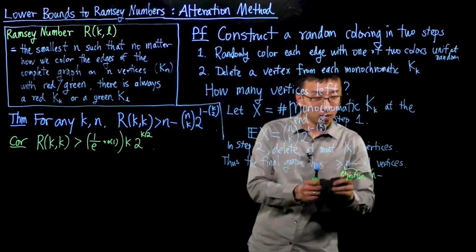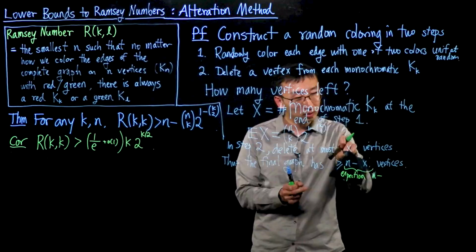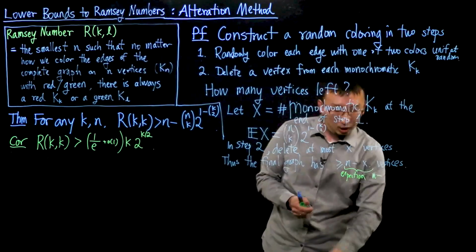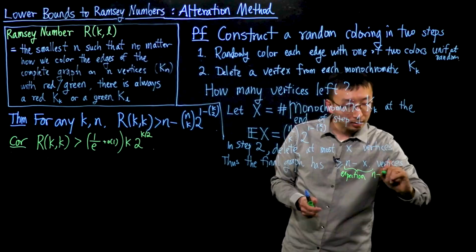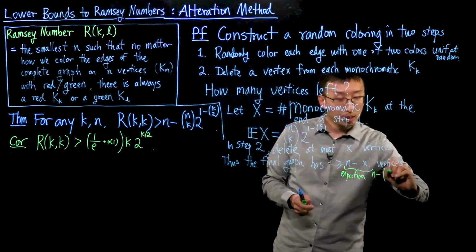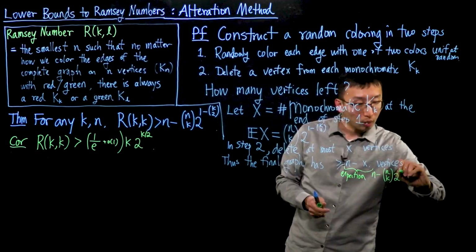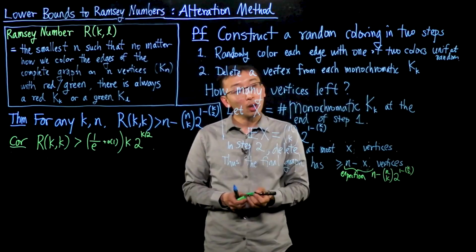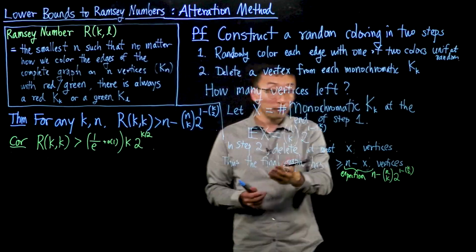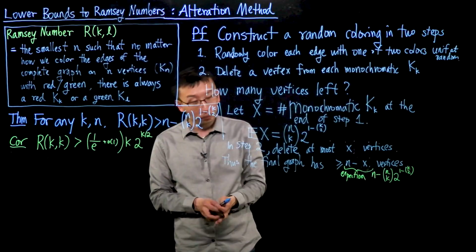Okay, so x is already a size, so we don't have to use the absolute value bars. So the expectation is n minus n choose k times 2 to the 1 minus k choose 2. Okay, so the final graph has at least this many vertices in expectation.